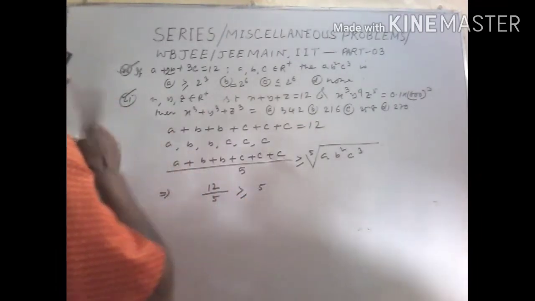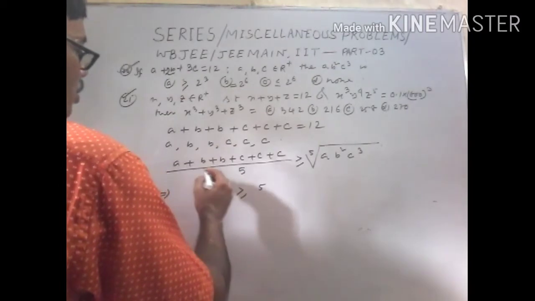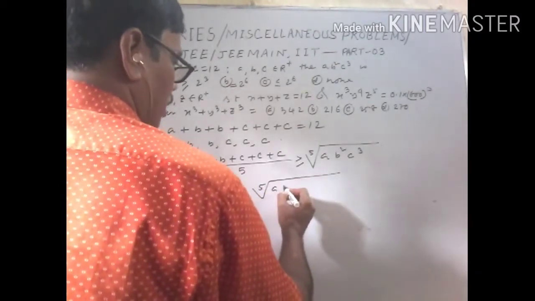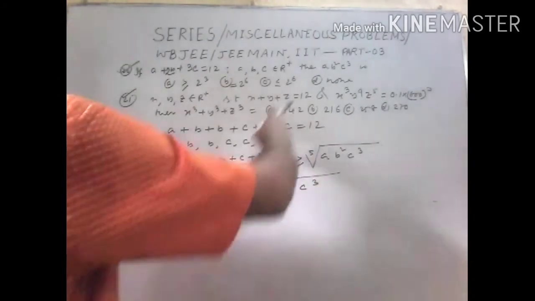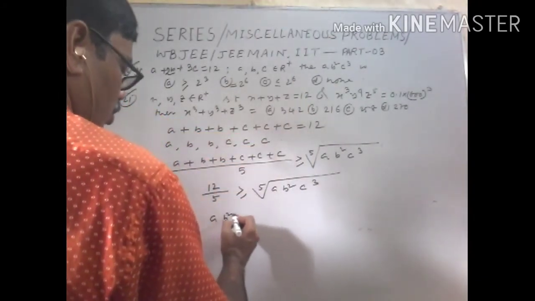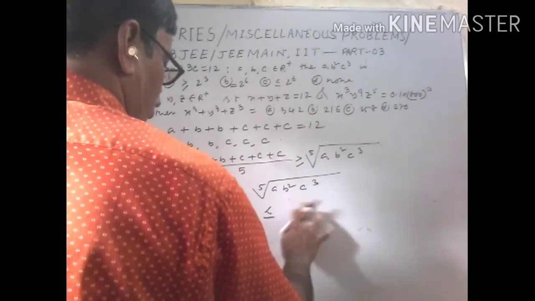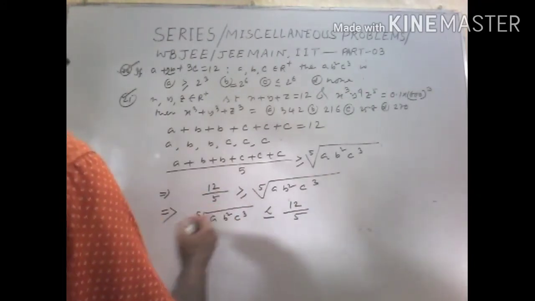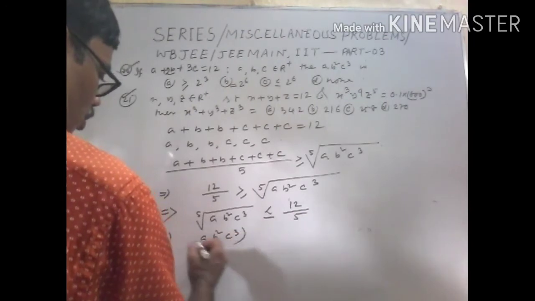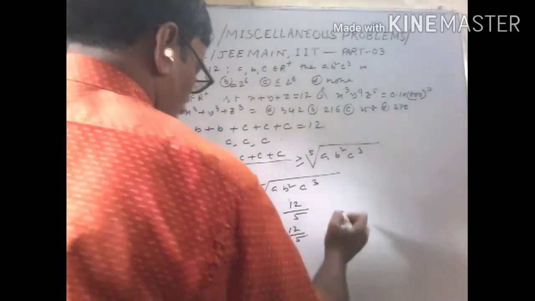Greater than or equal to the 5th root of a b square c cube, where the sum is given to be 12. So the 5th root of a b square c cube, that is (a b square c cube) to the power 1 by 5, is less than or equal to 12 by 5.